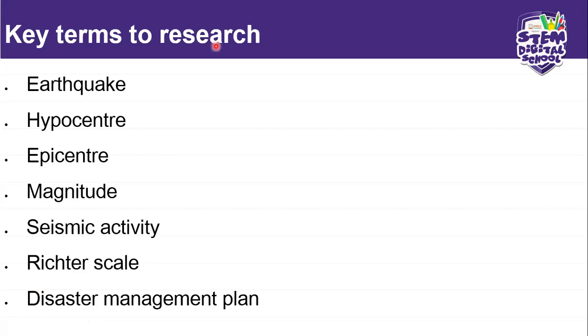Number 1, earthquake. Number 2, hypocenter. Just find out what is hypocenter. Number 3, epicenter. Number 4, magnitude.